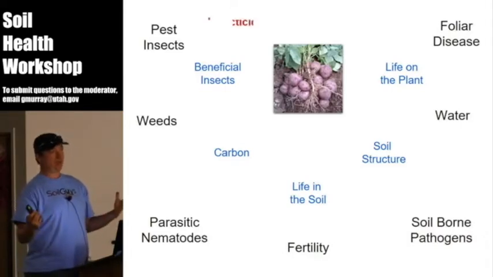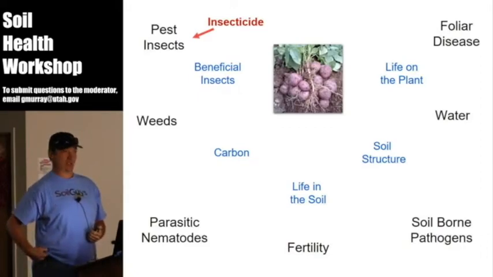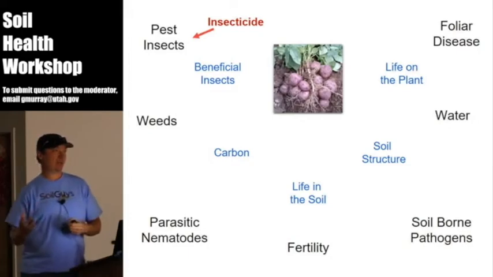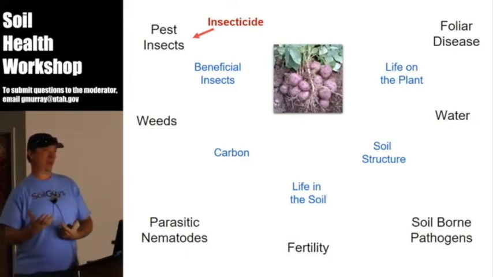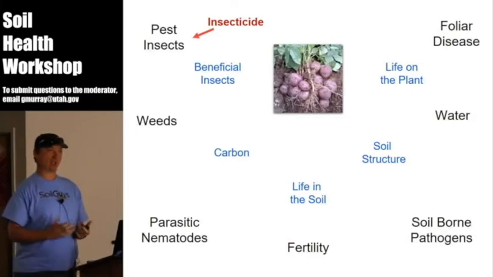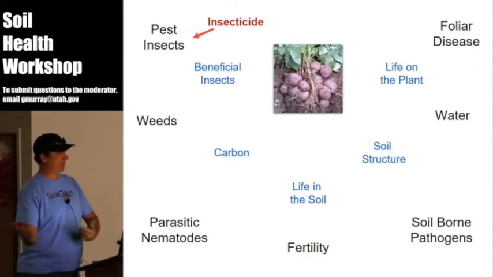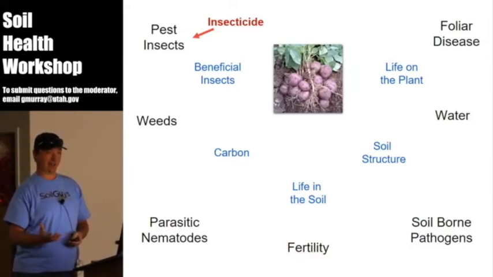So we grow certified seeds, so that means pest insects can be a threat to us. The number one pest insect that's threatening to us is aphids. Aphids spread virus throughout a potato crop, and in part of being a certified seed grower, I have to meet certain tolerances on these viruses. So if I don't do anything to manage these aphids, they will spread virus all through my potato crop, and I won't have a crop I can sell at the end of the year.